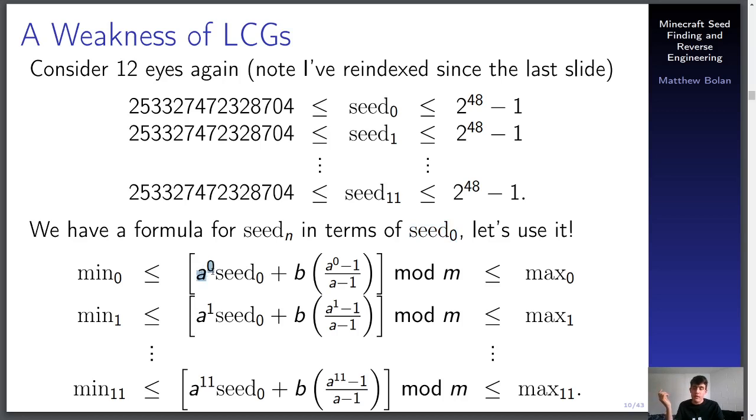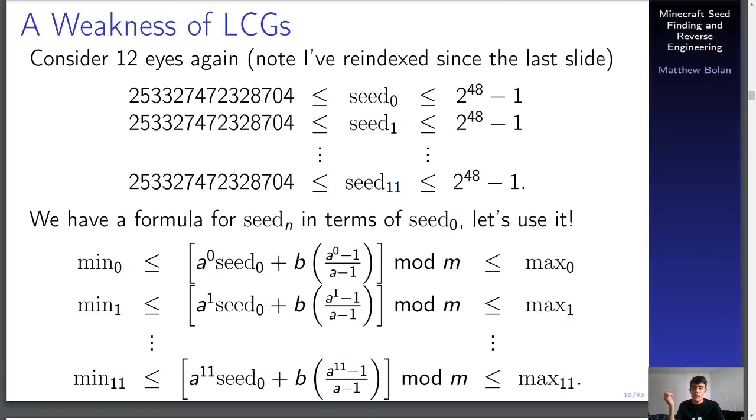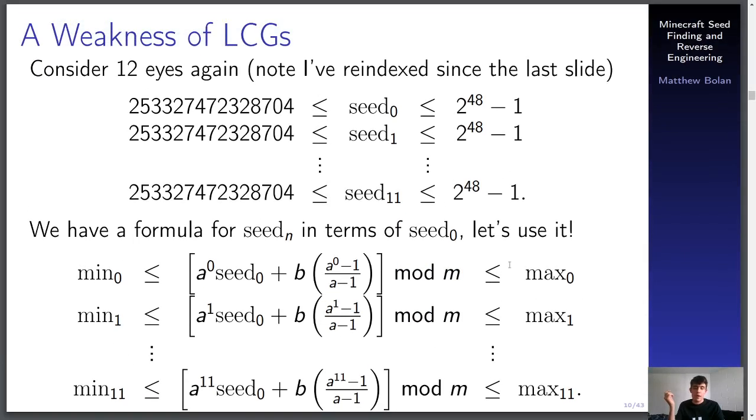If we want seed n, we take a to the n times seed 0 plus b times (a to the n minus 1) over (a minus 1), all mod m. I've written min 0 and max 0 here because we're going to be dealing with this in a general form later, and these numbers are huge. There's nothing too important about their actual numerical values.